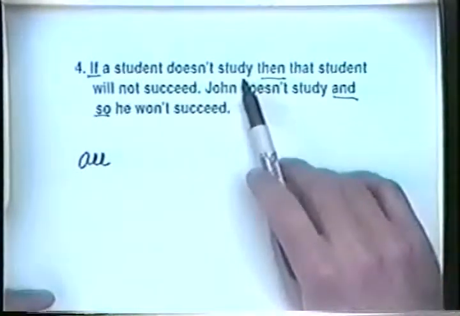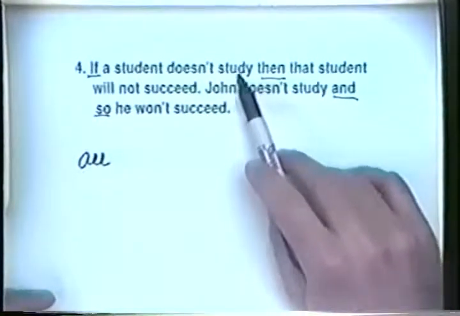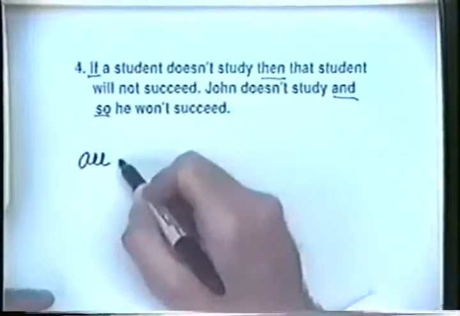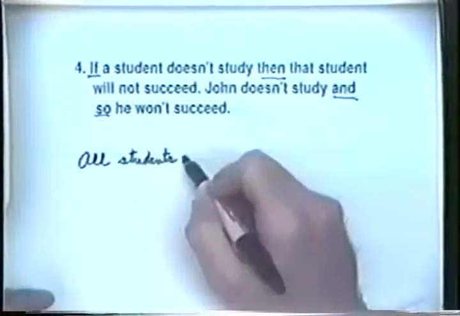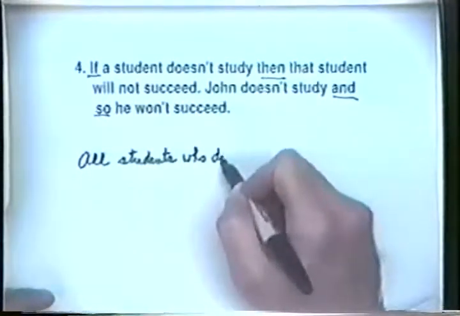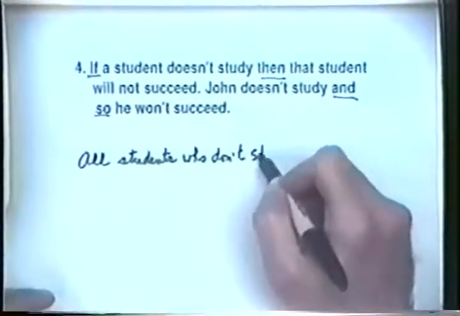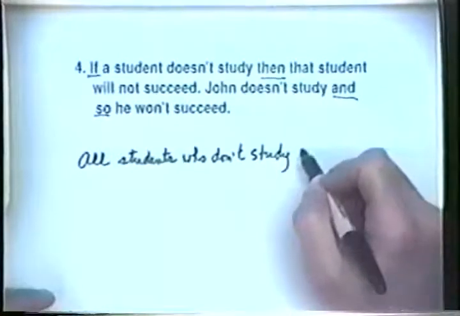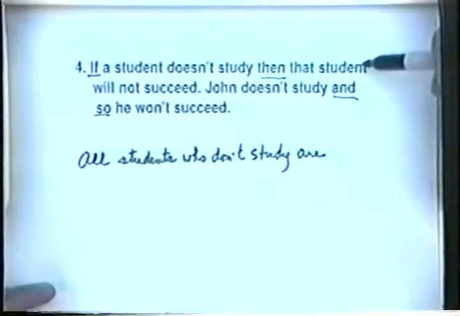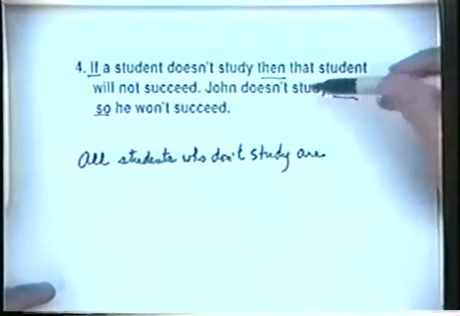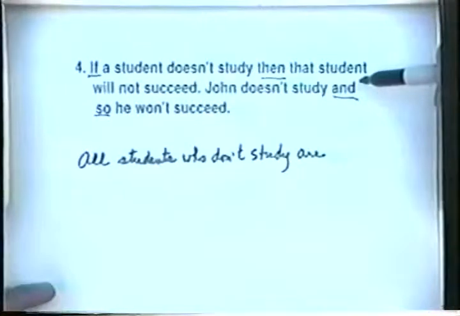So now we need our phrase for the first term. Student who doesn't study is a nice substantive, quite closely related to what we have there, so that looks good. All students who don't study are, we need the copula. And what's our second term then? Well, that student will not succeed is what we need to translate.